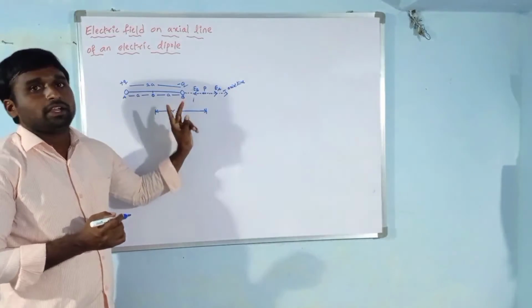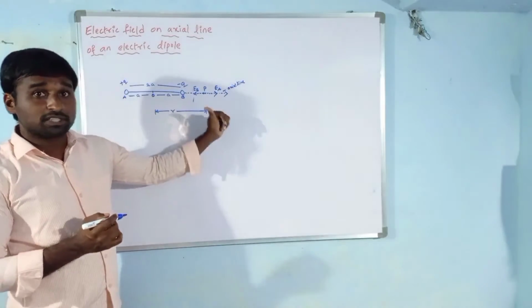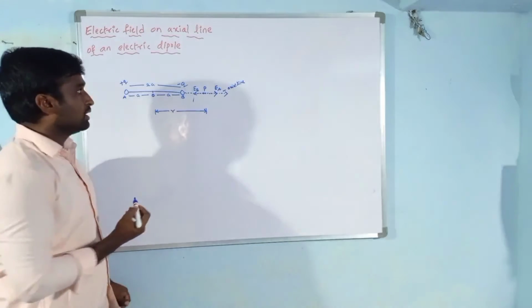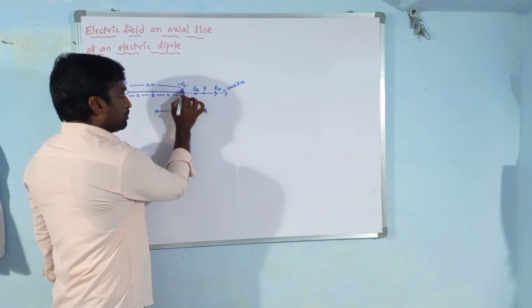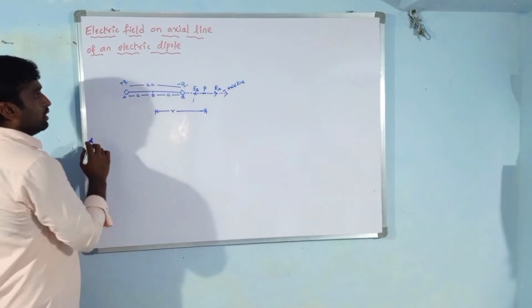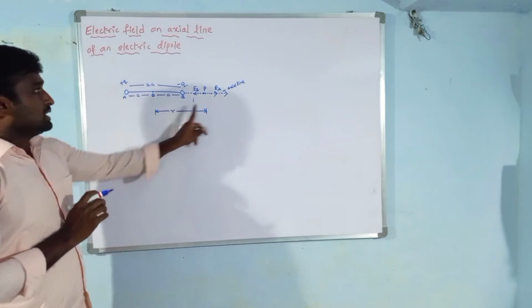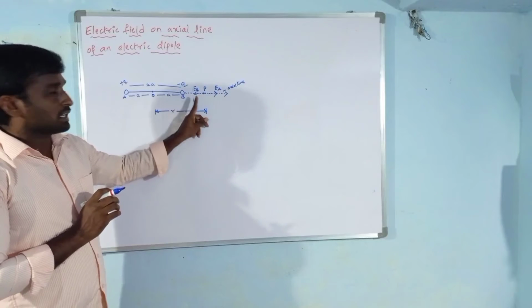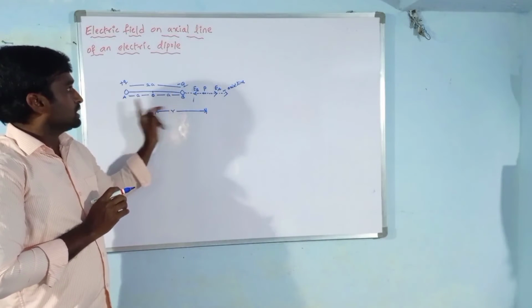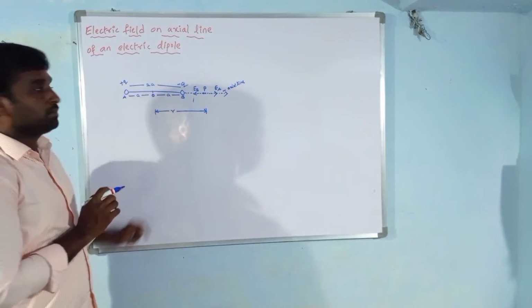Electric field is always away from the positive charge and towards the negative charge, so this is the direction of EB. EB is due to the negative charge, EA is due to the positive charge. Now, what is the resultant electric field intensity at point P due to these two charges?